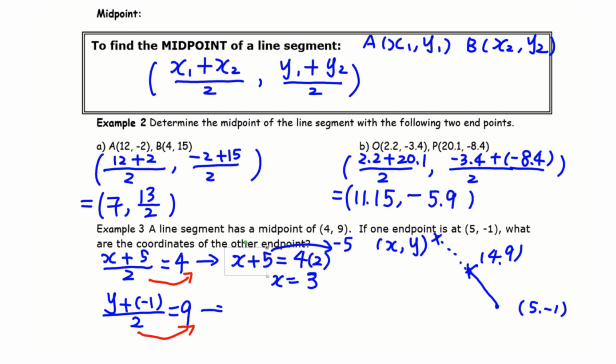You are going to have y plus minus 1 equals 9 times 2. Then bring the minus 1 to the other side. The opposite operation is plus 1. You have y equals 19. Then we know that the endpoint is 3, 19.